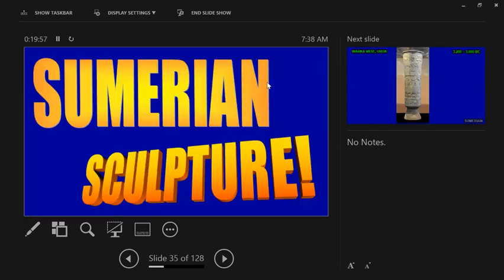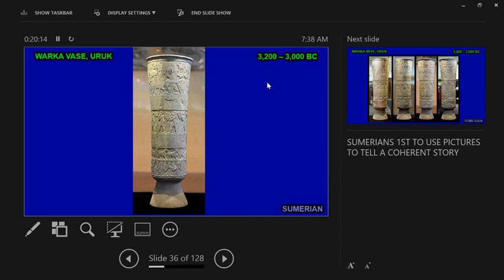Moving on to Sumerian sculpture. Our first object is the Warka vase. So this is a vase. It's a cylindrical form, and it's hollow on the inside, but it has images around the outside.